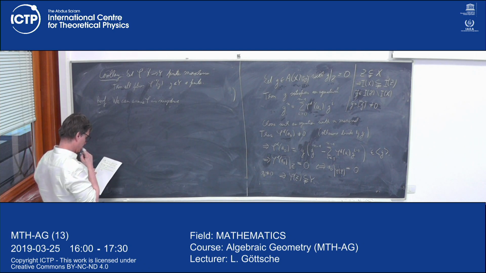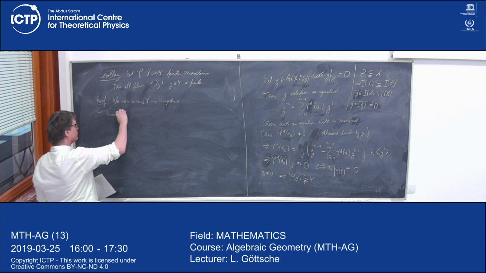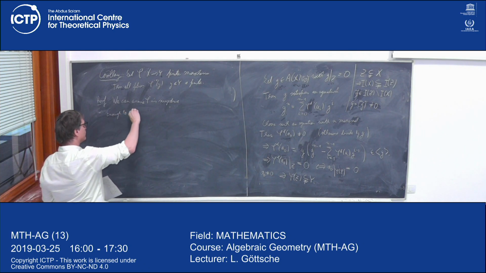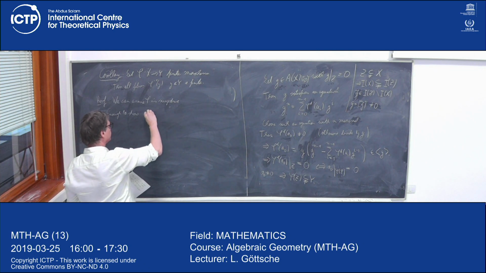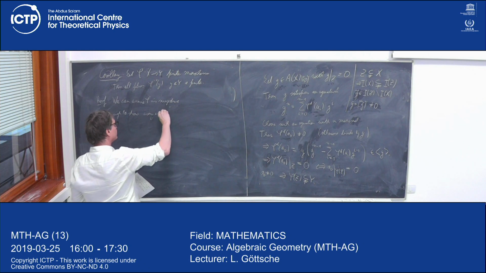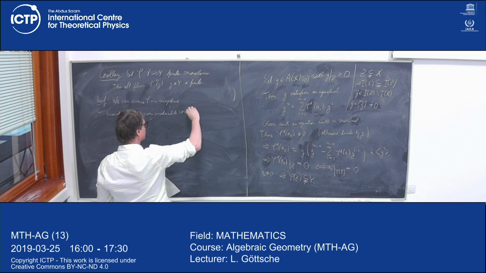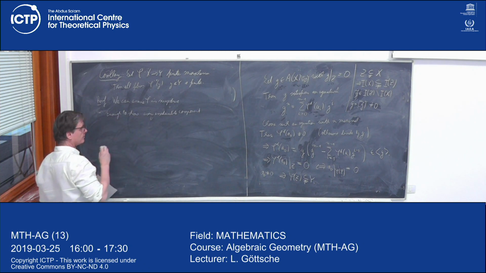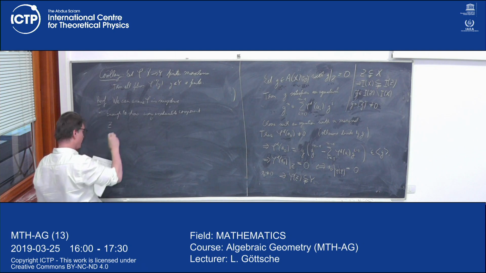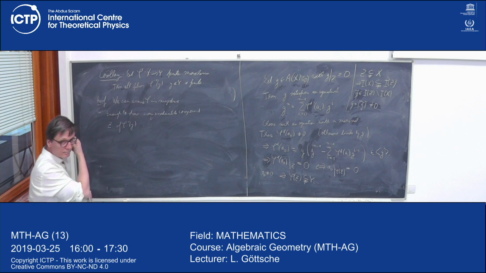Okay. So it's enough to show that every irreducible component Z of phi to the minus 1 of y is a point.